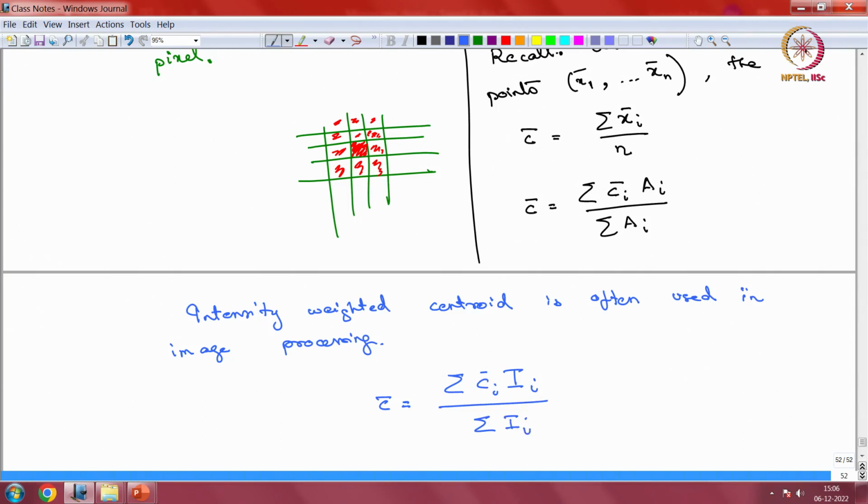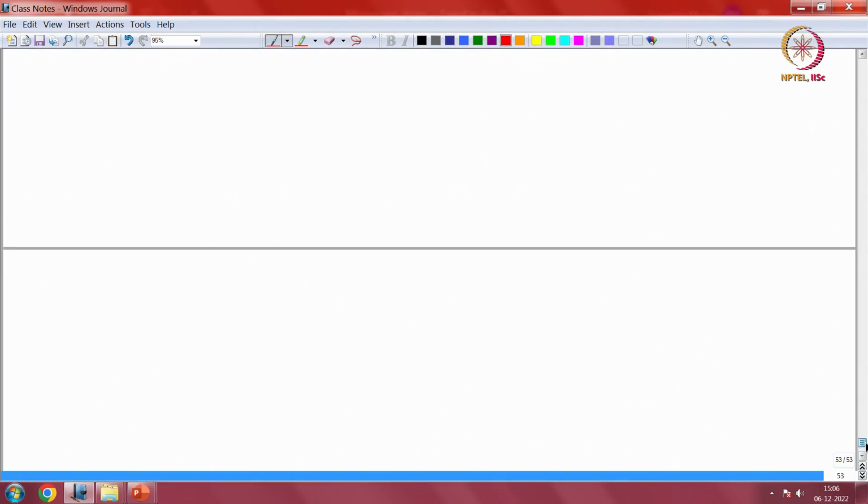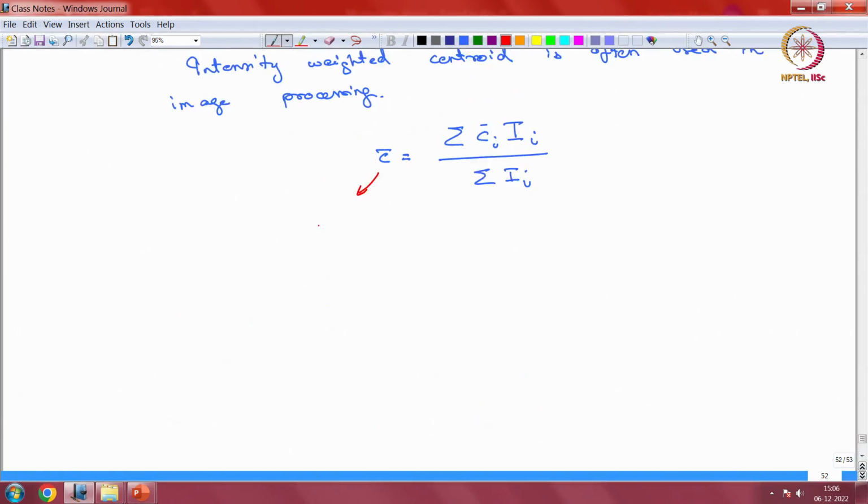Okay. And this value will give you the location of the center with subpixel accuracy.